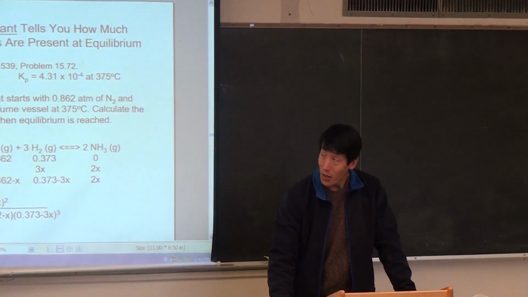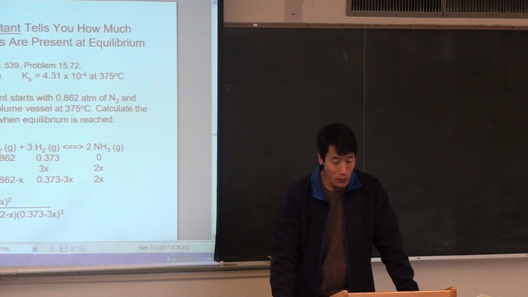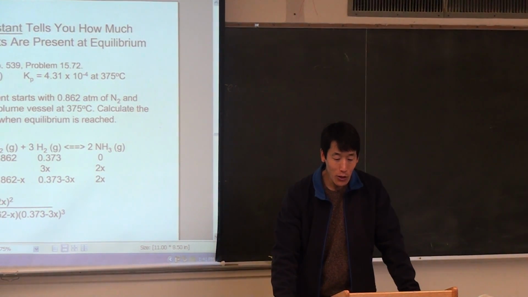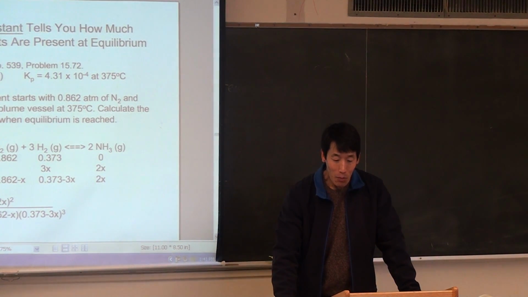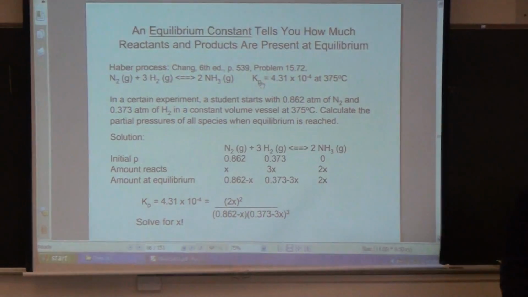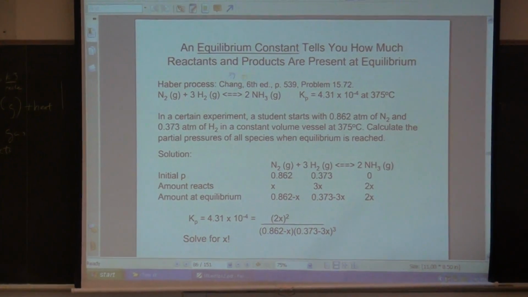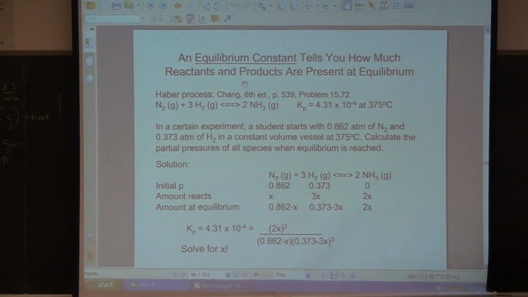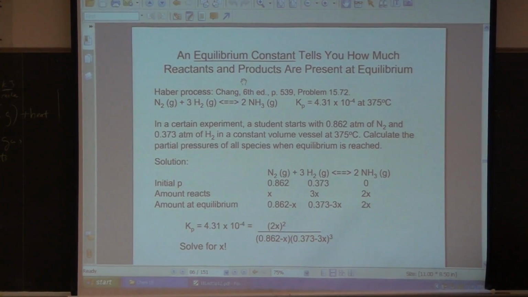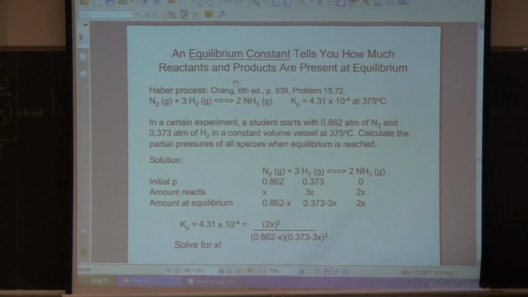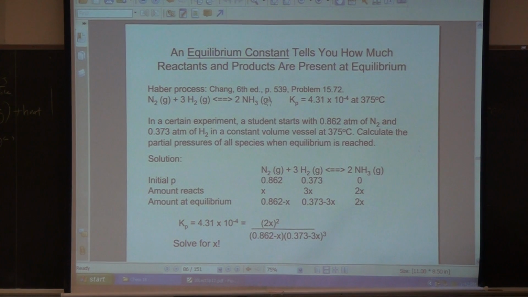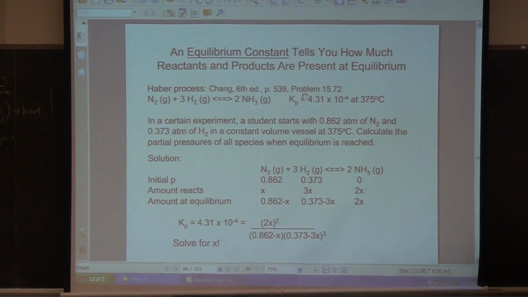Okay, so we're going to do some calculations involving this equilibrium constant. Based on the numerical value of the equilibrium constant, we can calculate the amount of reactants and products present under equilibrium conditions. So here's a problem from the text. This is problem 15.72.